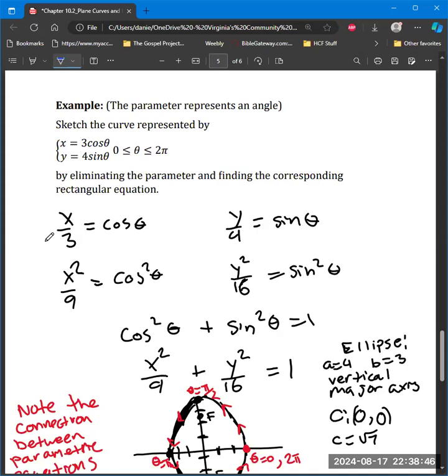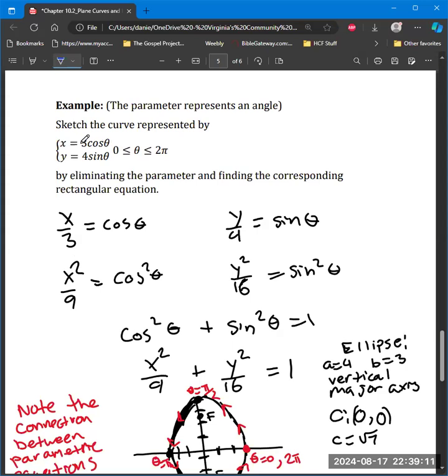And we'll need to know some trig identities to help us convert these parametric equations in terms of theta back into something in terms of x and y. It can be in terms of an angle without the variable explicitly being theta.